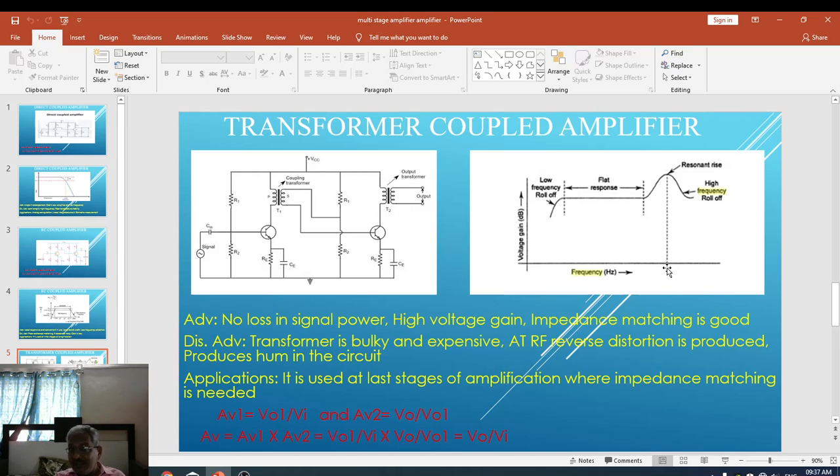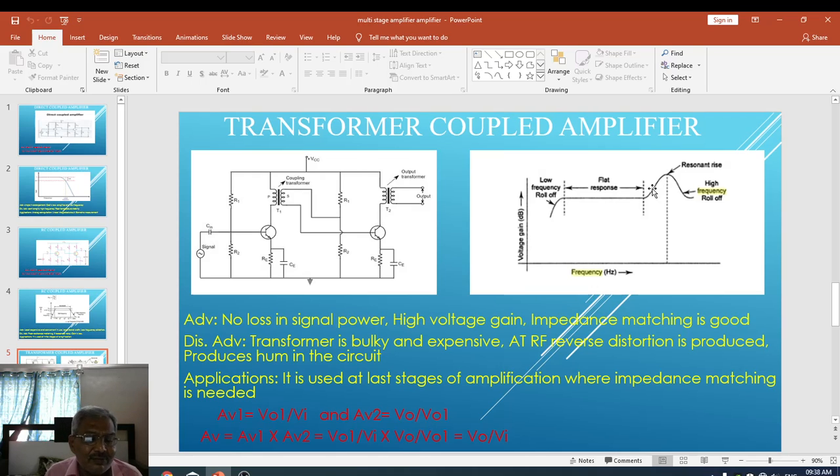After that, the input frequency becomes more than the frequency formulated by the LC components, and that's why the gain starts decreasing again. So this is the speciality of the transformer coupled amplifier variation.